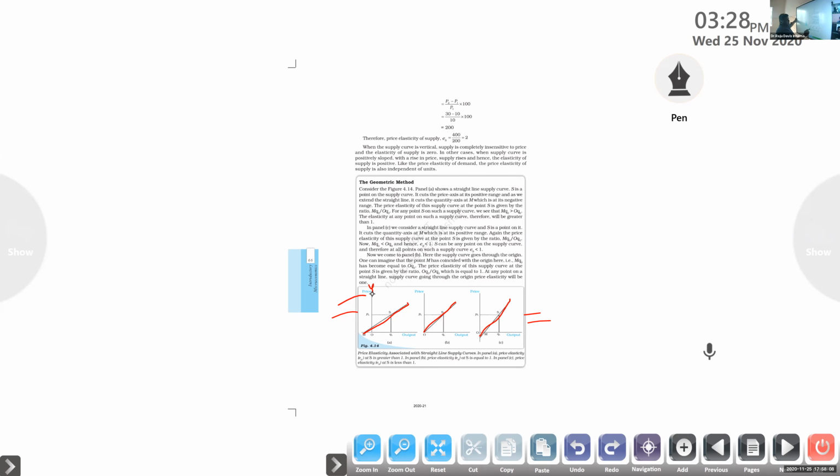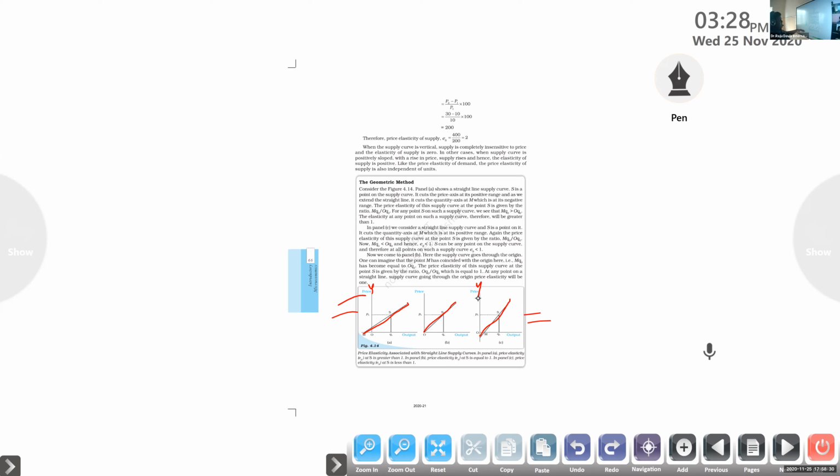It is directly starting from the origin. Next, coming to panel C, you are able to find that the supply curve is starting from the positive side of the y-axis, the vertical axis. Clear?